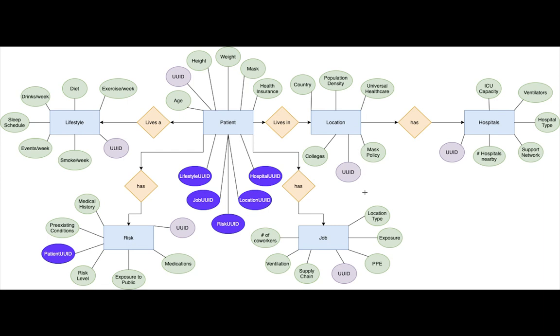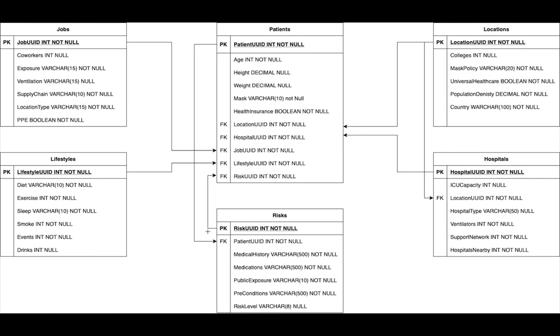And just to point out real quick, all these universally unique IDs in lighter purple and their foreign key references within patient in this dark purple right here. Risk also has a foreign key patient reference, as risk and patient work off each other since risk actually stores their final risk level. We're going to move straight on to the physical diagram.